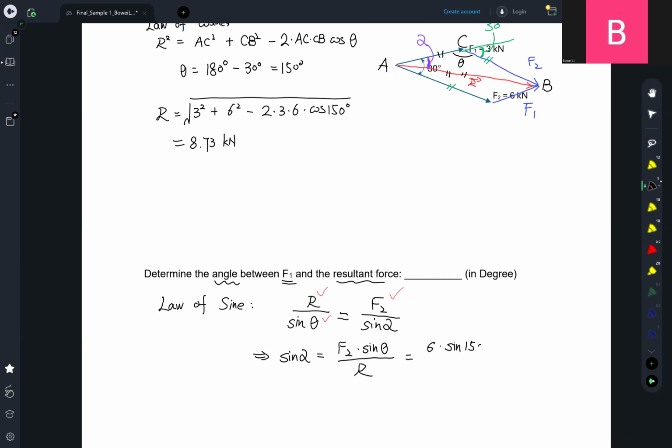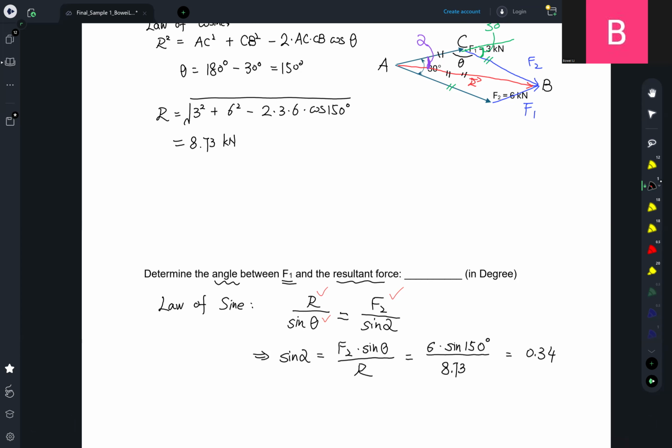So sine alpha equals 6 times sine 150 divided by 8.73, which is 0.34.